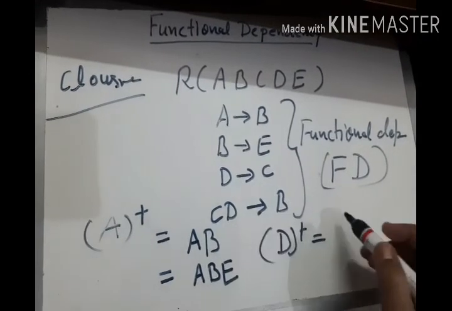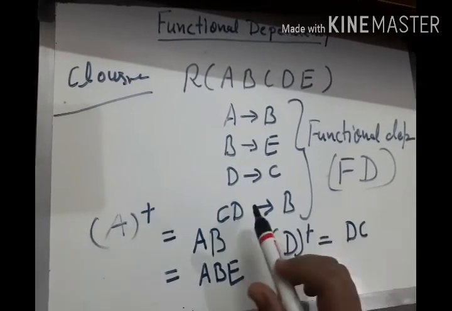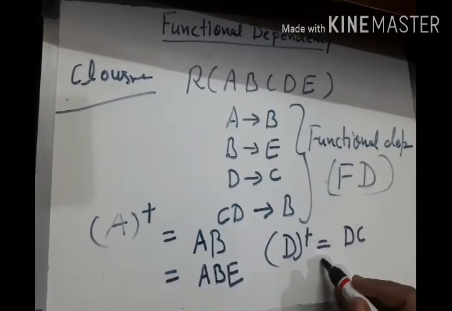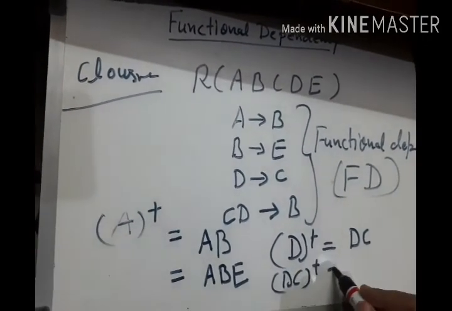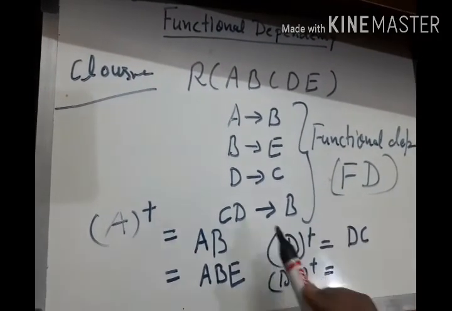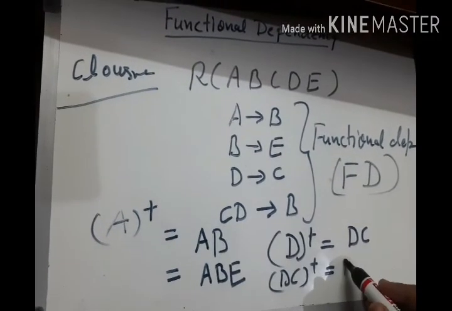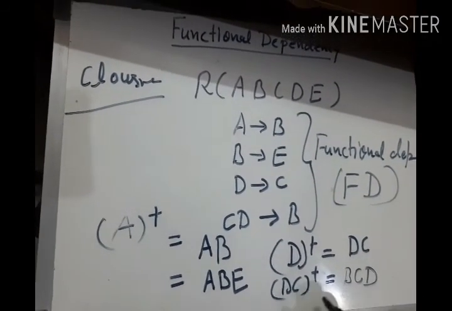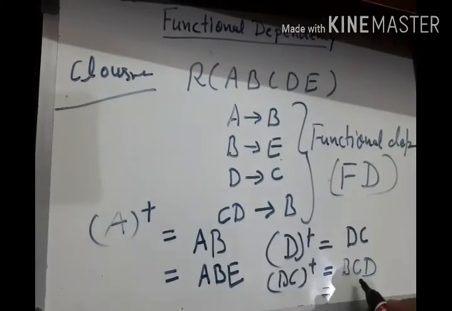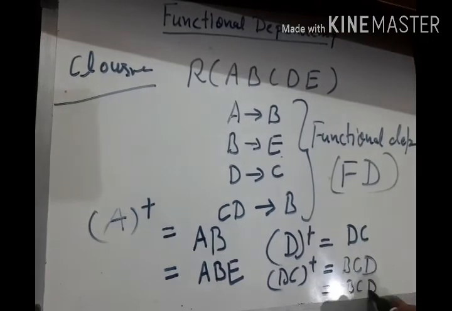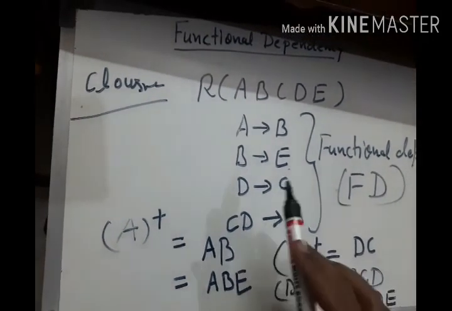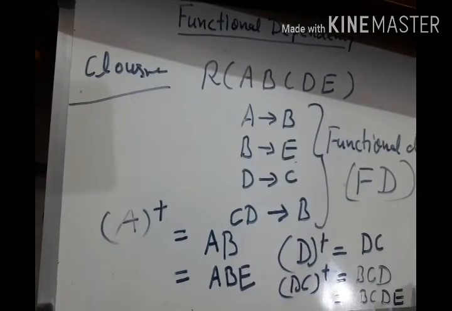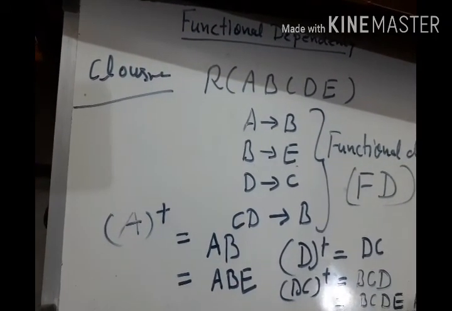You can see in these functional dependencies, D can determine C. So D plus contains D and C. Now in DC plus, DC, or CD, can determine B. So B, C and D. Now with BCD, B can determine E. So B, C, D, E. None of these can determine A. That's the answer for the closure of D in the present situation.